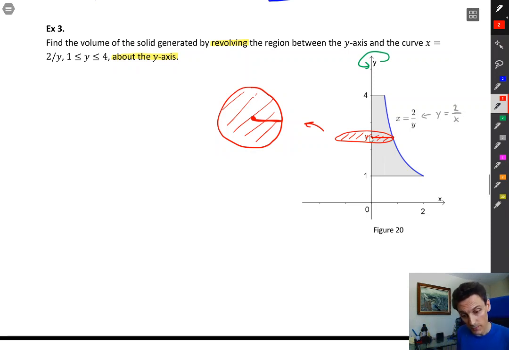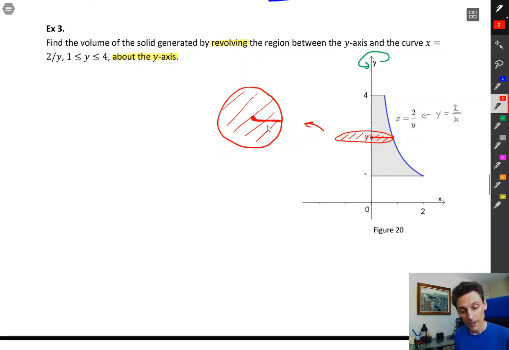So we're dealing with a different kind of cross section here, a horizontal cross section as opposed to a vertical cross section. And you're going to get one of these horizontal cross sections for each y value as you go from y equals 1 to y equals 4, as you go across your solid. So it looks like our approximating units are going to be in terms of y. They depend on y here, not on x.